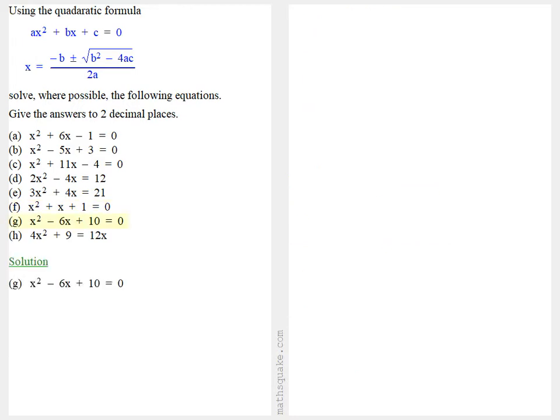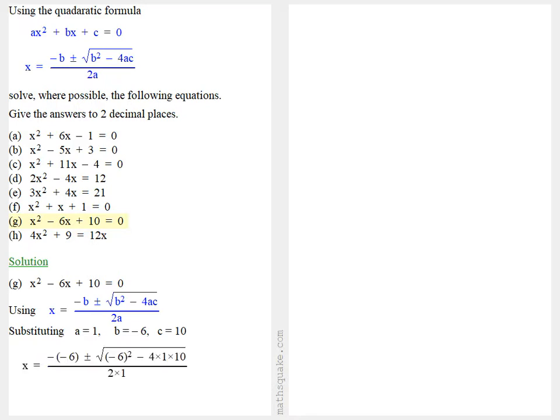Now, if we look at question G, we have x squared minus 6x plus 10 equals 0. We can substitute those in the formula. A is equal to 1, b is equal to minus 6, and c is equal to 10. This gives us x equals minus minus 6 plus or minus the square root of minus 6 squared minus 4 times 1 times 10 all over 2 times 1.